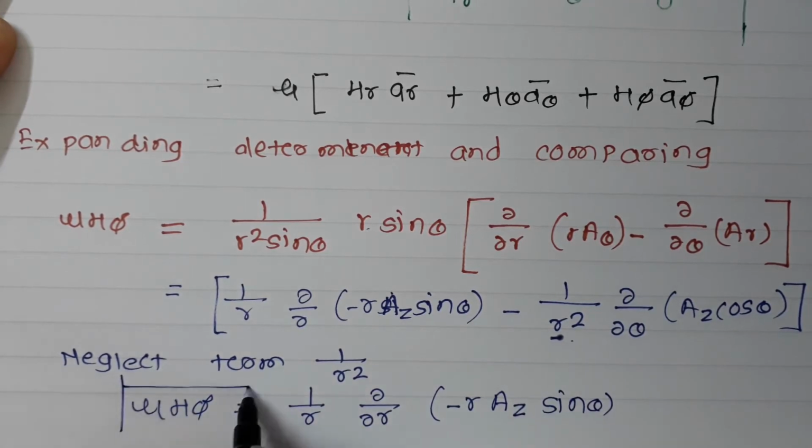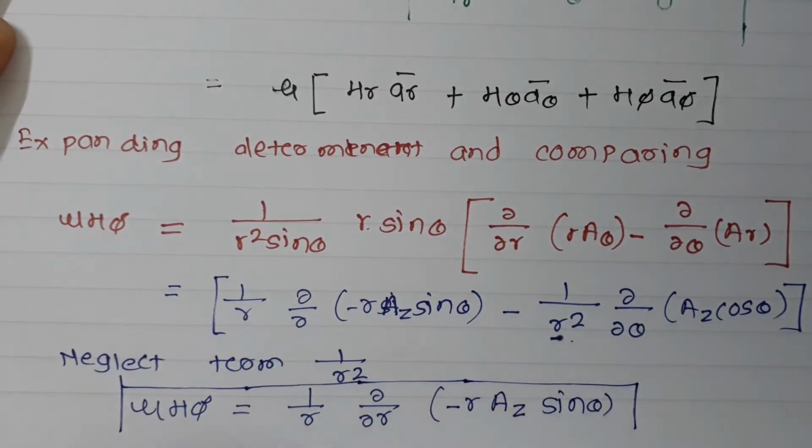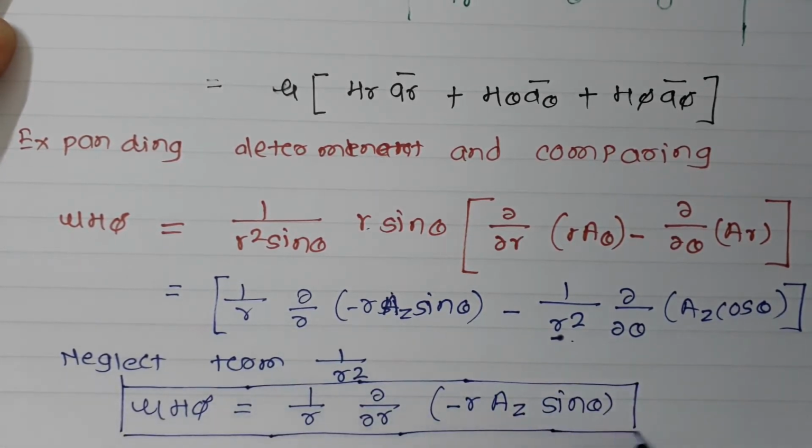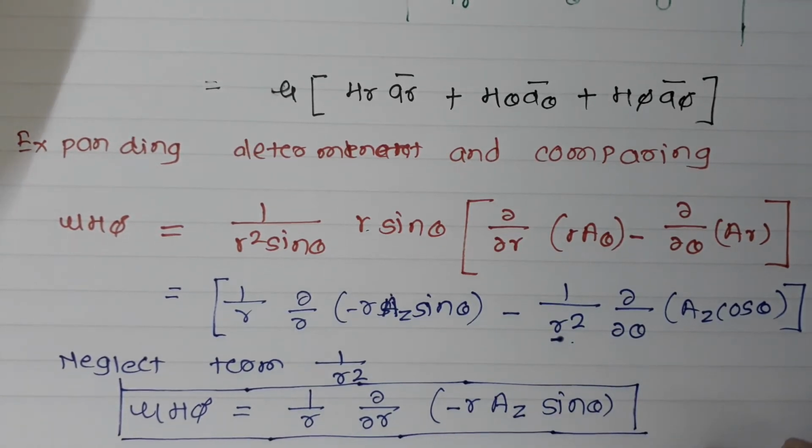So this is nothing but the mu h phi. Now as I have got mu h phi, I can find out the h phi. So let us see the next equation.